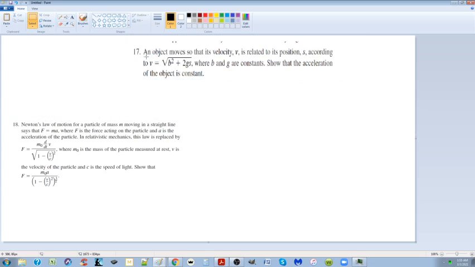So the secret of this one: the velocity is given in terms of time, and they want you to show that the acceleration of the object is a constant. So you've got to take the derivative of this, and here's the secret: you have to do the chain rule.